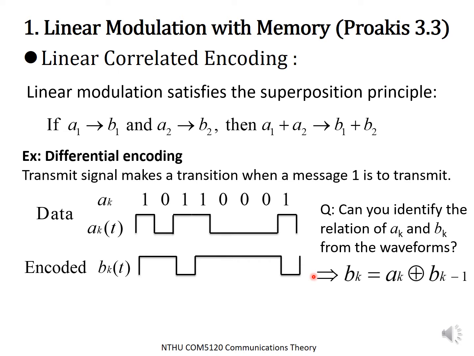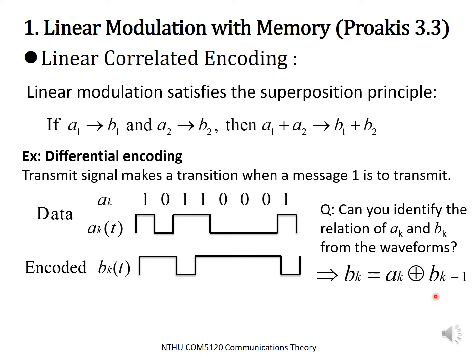As we can see, the value of BK at time K would be equal to AK exclusive-OR with BK minus 1, right? So AK exclusive-OR with the previous BK minus 1 produces BK. We can easily verify the relationship.